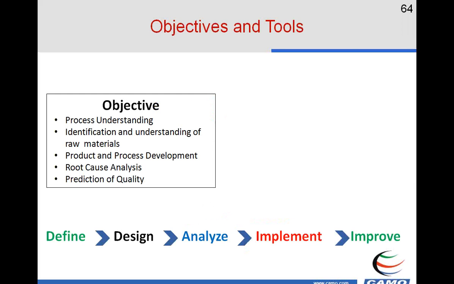So to conclude on this presentation, the objectives usually that you have when you are working with your process or product are to understand what is going on, make some classification, improve or produce a new product or process, find why something has gone wrong, or predict the quality.